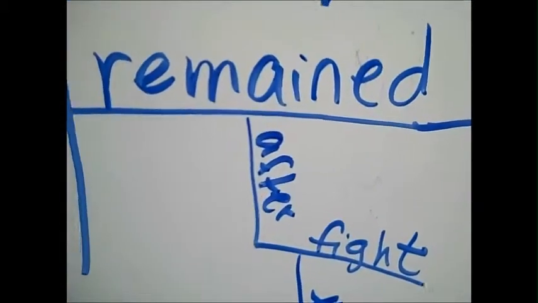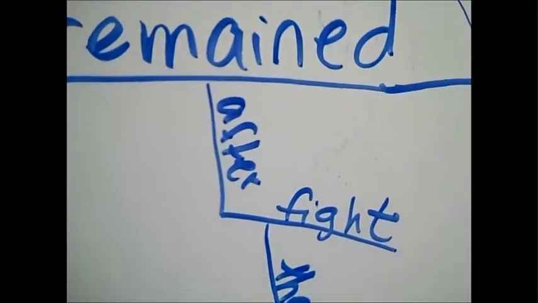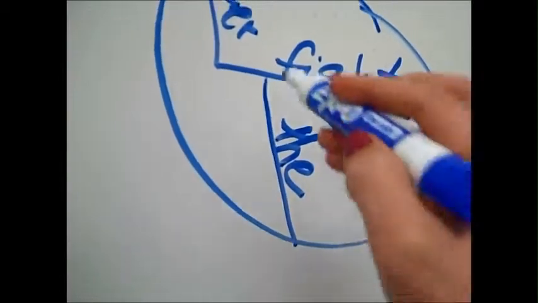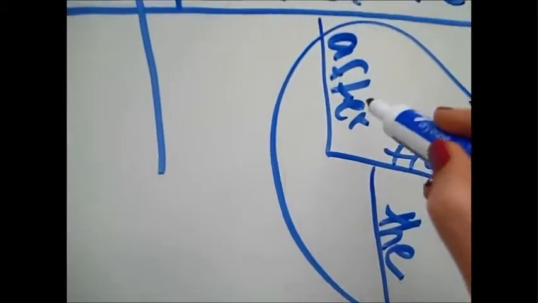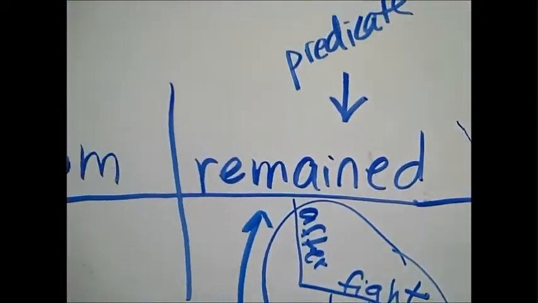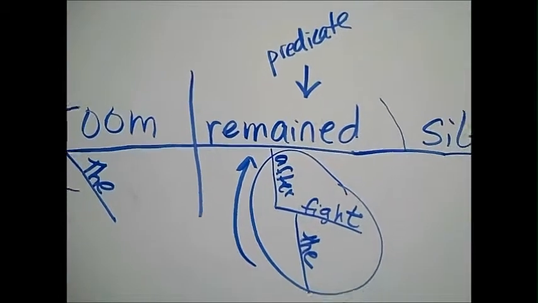This is telling us more about when the room remained silent. It was after the fight. This is our prepositional phrase. After is our preposition word. This is our entire phrase. It acts like an adverb modifying remained, which is our verb, also our predicate, we call that.